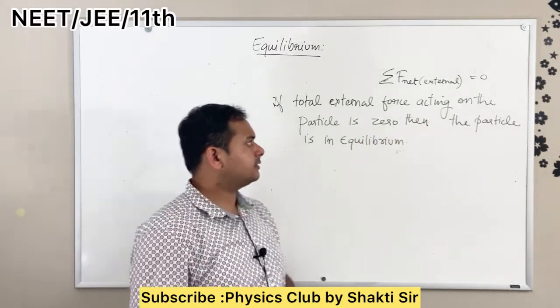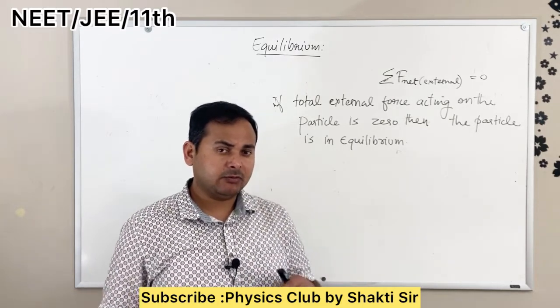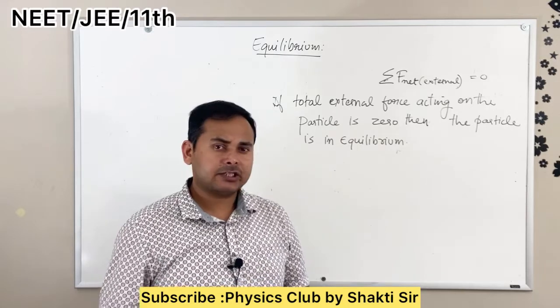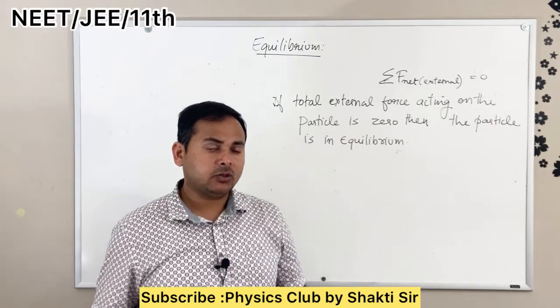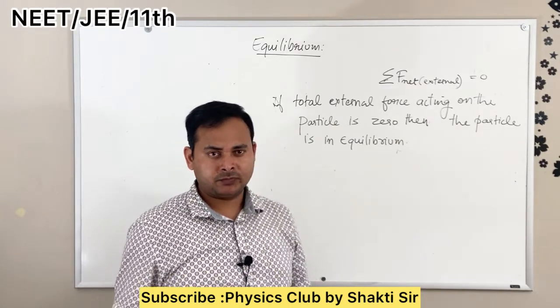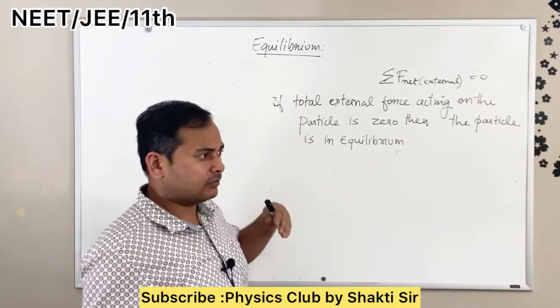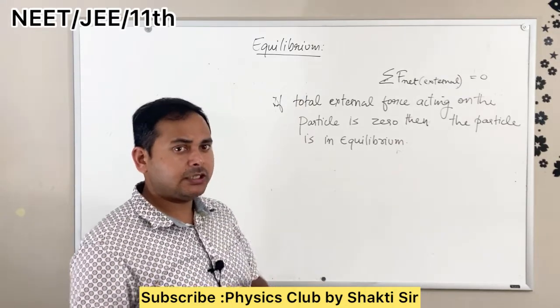Here I am just saying the total external force, but when we move towards rotational mechanics, there is one more term, that is the total external torque acting on the system being zero. Here it is translational equilibrium; there is one more kind, that is rotational equilibrium.